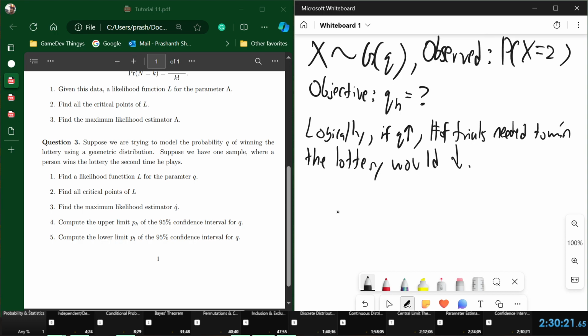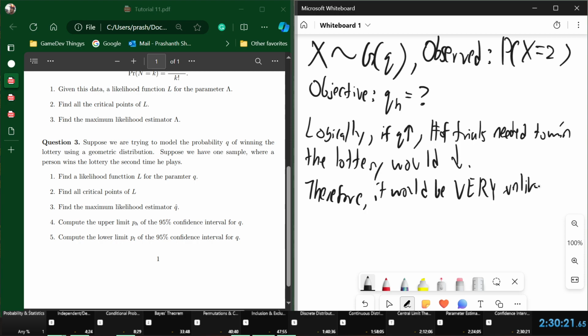I think that means, okay, therefore, it would be very unlikely to have a large number of attempts, and that is attempts.